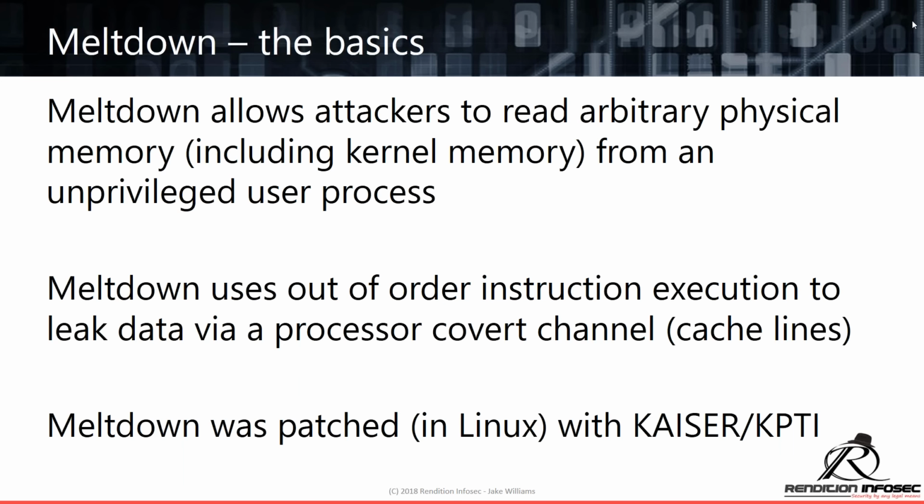And the way this is happening is out-of-order instructions, right? It turns out that because of pipelining and other processor optimization features, the processor executes instructions out of order. If it's given a set of instructions, it'll group them together, execute them out of order, and then combine the results.